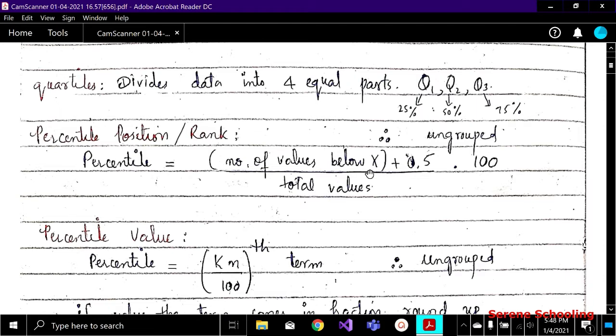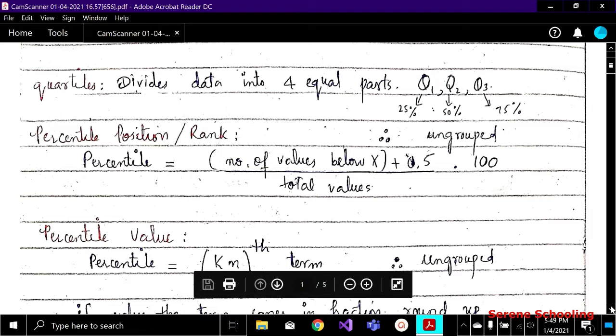So we have to see the number of values that fall below x. Number of values, not those values themselves. How many values fall before that particular given number? We add 0.5 to it, divide by the total number of values, and multiply by 100, right? And it gives us some integer or decimal number, and that is the position of the number. We will see this through an example also, don't worry.